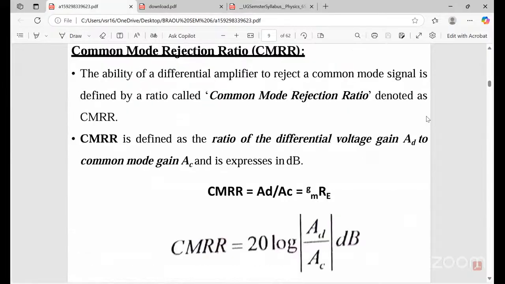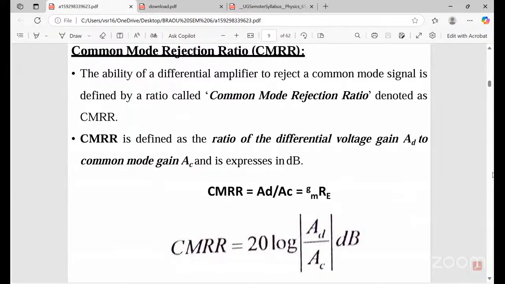Next, another important parameter is the common mode rejection ratio, CMRR. It is the ability of a differential amplifier to reject a common mode signal, defined by a ratio called the common mode rejection ratio.